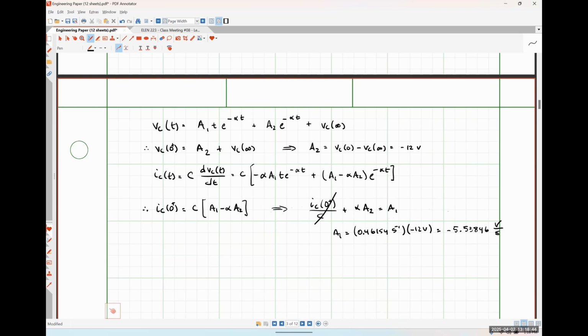And those units on that A1 should make sense because A1 is being multiplied by time measured in seconds to give us the voltage. So it needs to be in volts per second. Okay, sorry about that hiccup there.